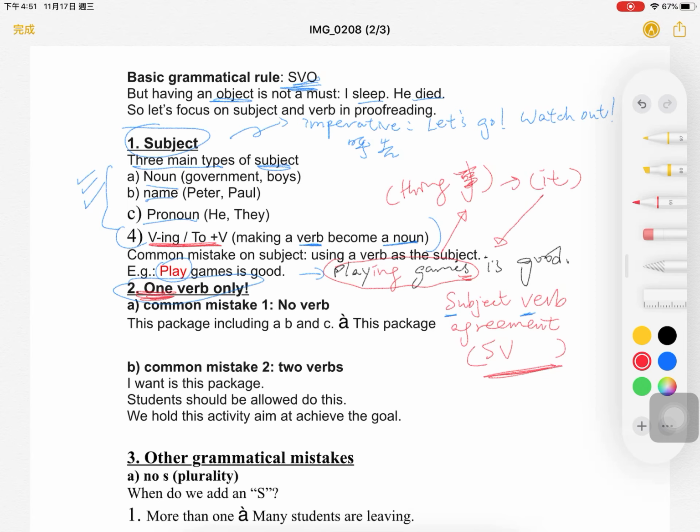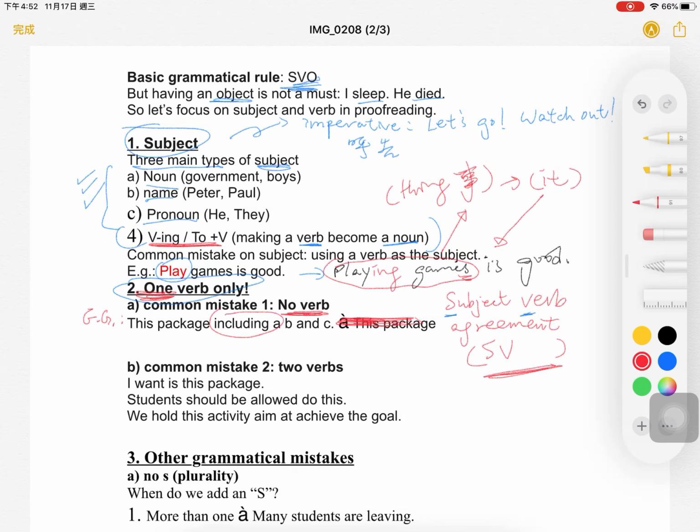More than one verb is incorrect as well. The first common mistake is no verb. For example, this sentence, this package including A, B, and C. Okay, this one is a typo, I think.